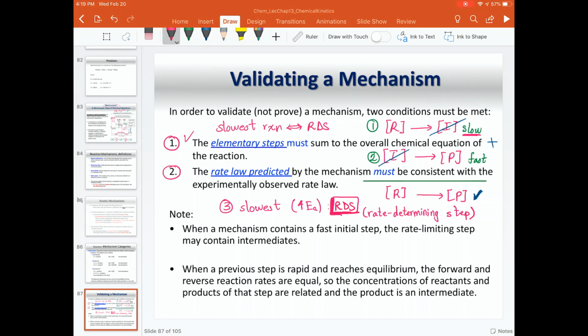That's the one we use to write down the rate law from the mechanism. And this rate law from the proposed mechanism should be compatible with the one that we got from the experiments.